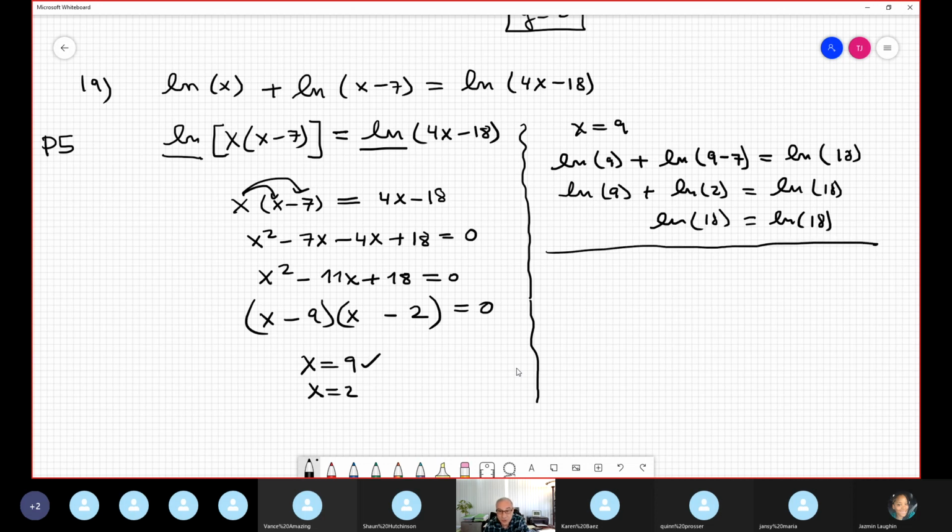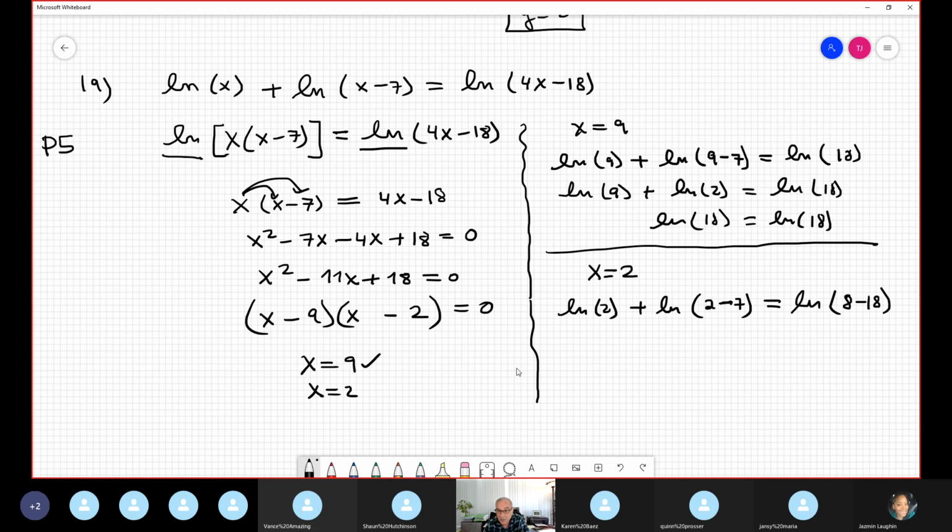But 2 no. 2 is wrong. What is the reason it's wrong? When you plug in 2, you have logarithm of 2 plus logarithm of 2 minus 7 equal to logarithm of 8 minus 18.